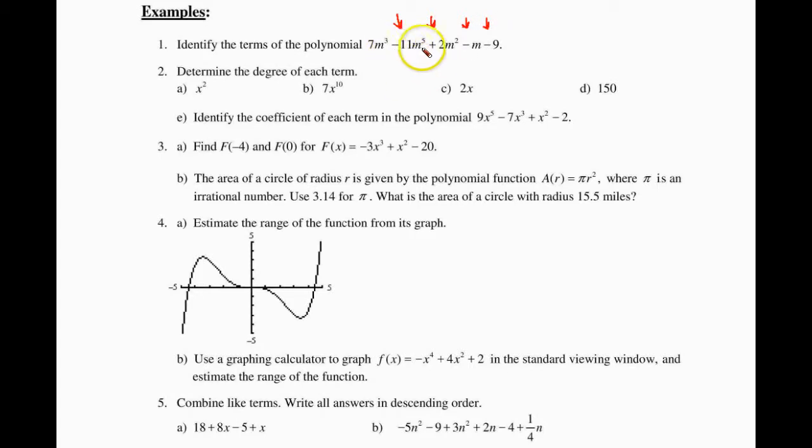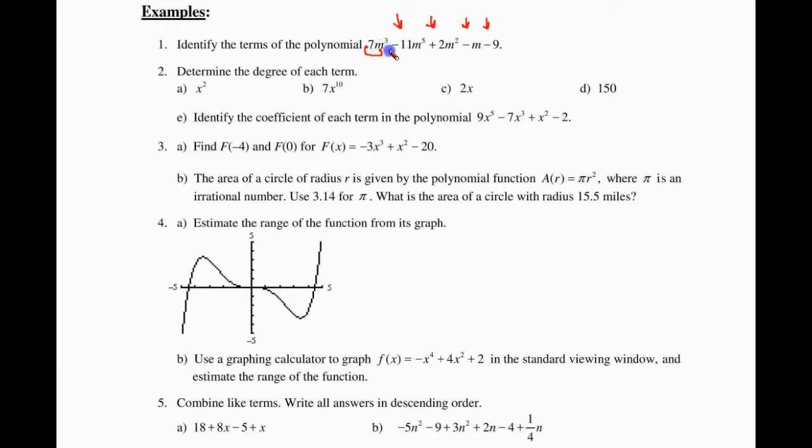So there's a negative, there's a positive, there's a negative, there's a negative. So first, let me ask, how many terms are here? 5.